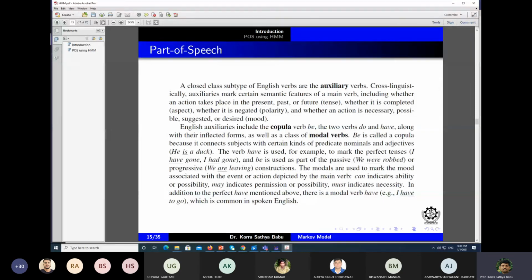I have spoken the word I already, so what will be the next word, or what is the next part of speech? Then there can be a verb, right? I can. Whatever the part of speech or the form of the verb, it is I can, I am, I have, I will. So these types of things. It can be a verb. It can be something like an adverb or like this.